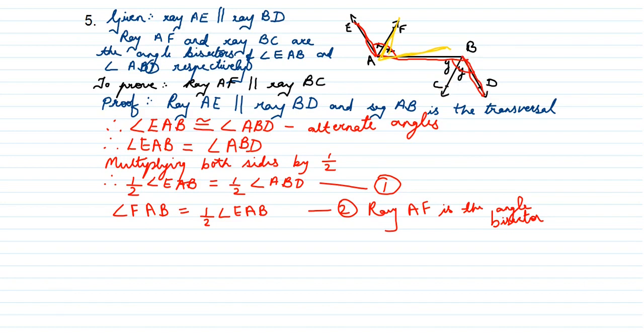So let's write it over here. Angle ABC is half of angle ABD. Let's say this is 3. Reason for this is ray BC is the angle bisector.